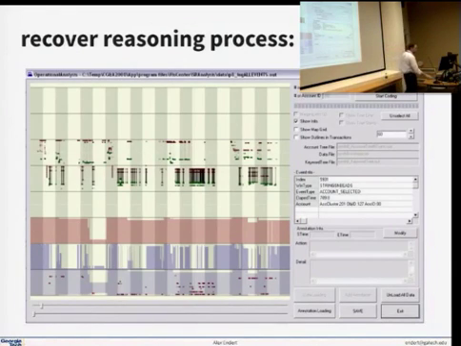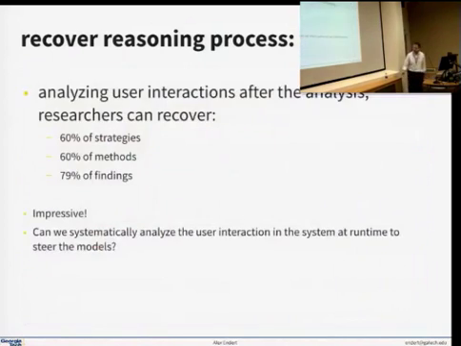They had some really nice results here, where they could recover 60% of the strategies, 60% of the methods, and 79% of the findings that those users found. So more evidence to suggest that looking at user interactions and the power that they have is a great way to think about coupling cognition with computation.